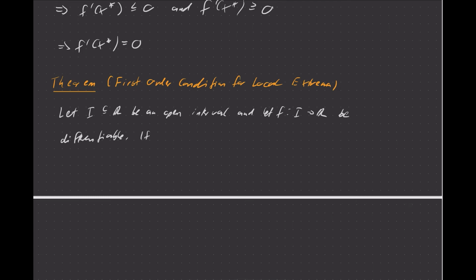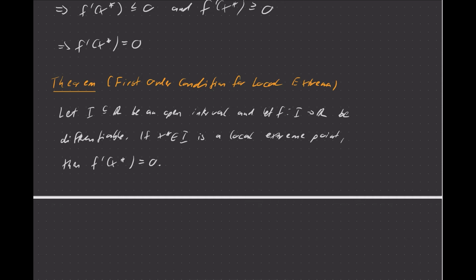Then if x star in I is a local extreme point, then f prime at x star is 0.